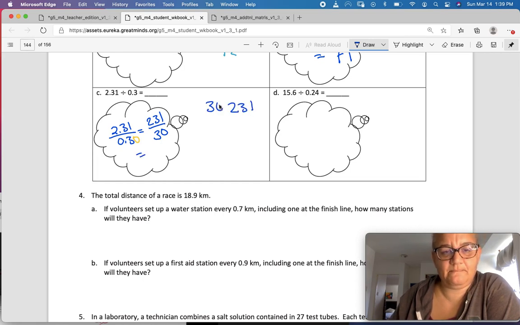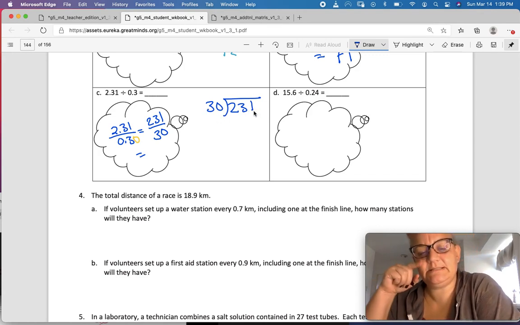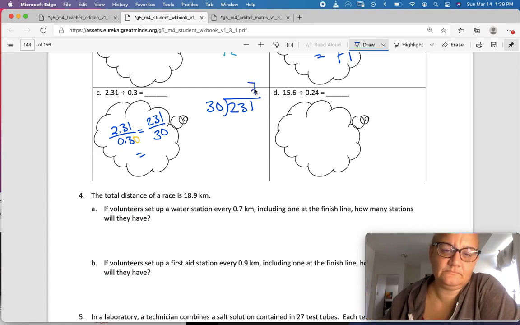And 30 goes into 2, 0 times. 30 goes into 23, 0 times. 30 goes into 231. How many times? Let's see. 7? 7 times 0 is 0. 7 times 3 is 21. And subtract. Now I've got 21 here.